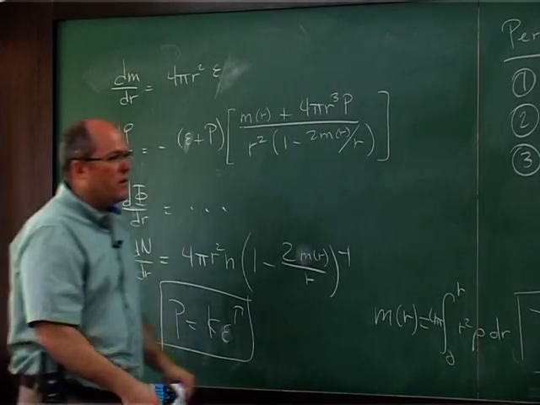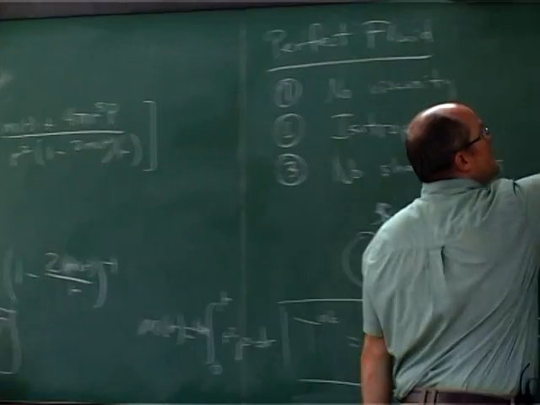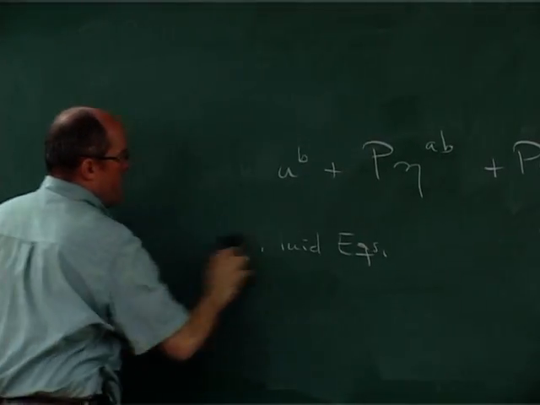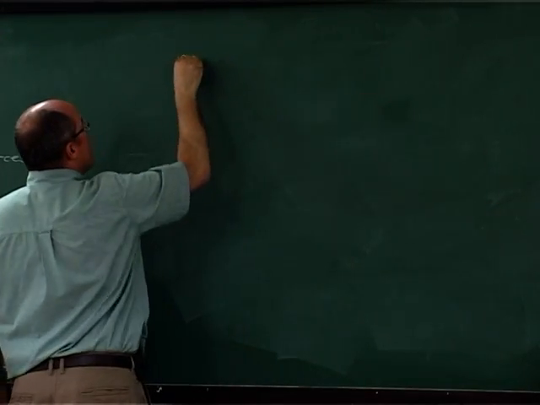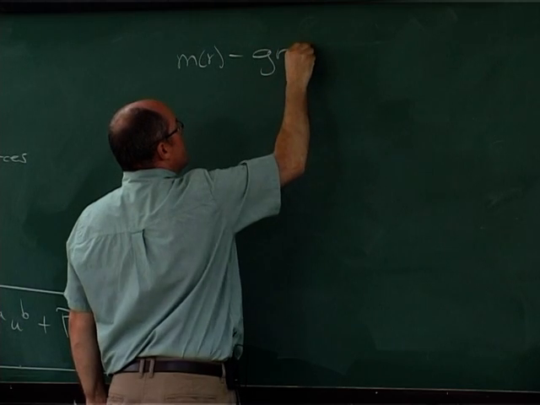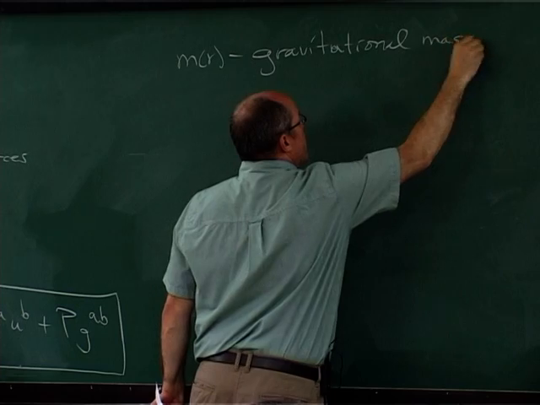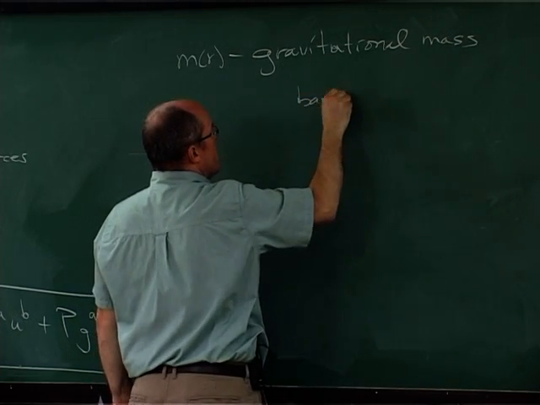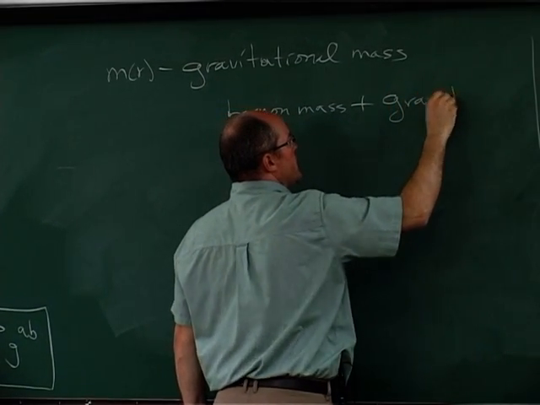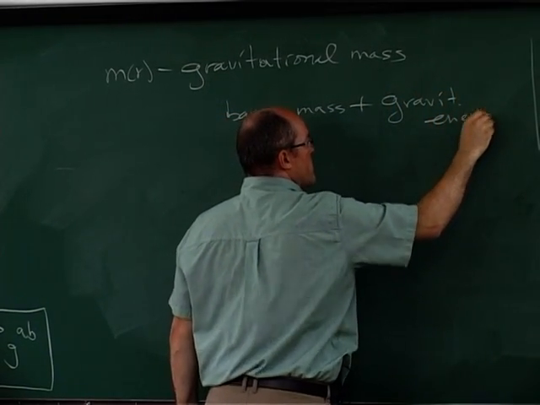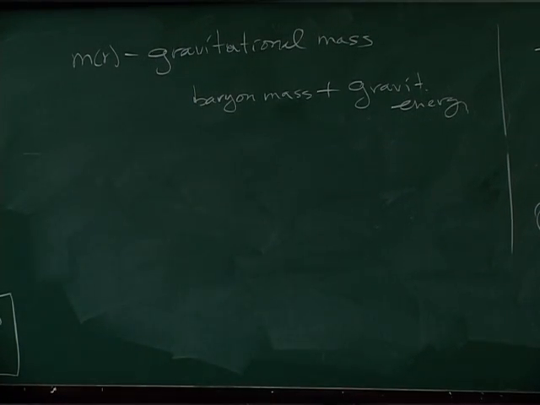And so m(r) is going to give me the gravitational mass. That means baryon mass plus whatever gravitational energy is there, the gravitational binding energy, which is negative. And so m is the gravitational mass.